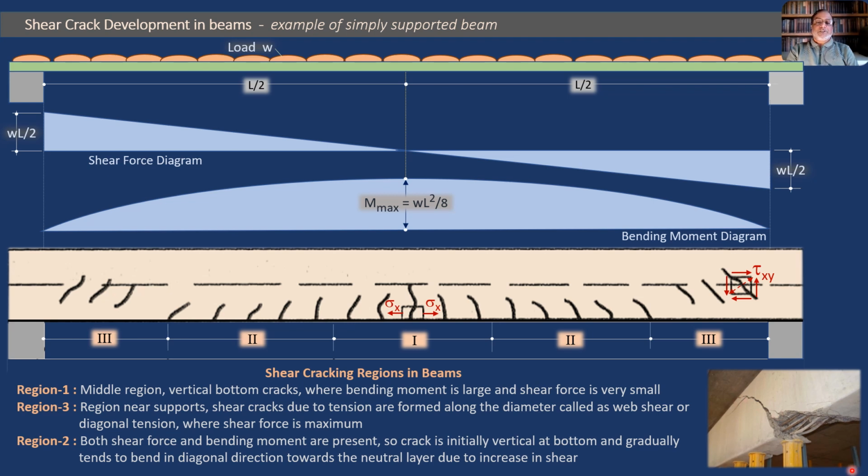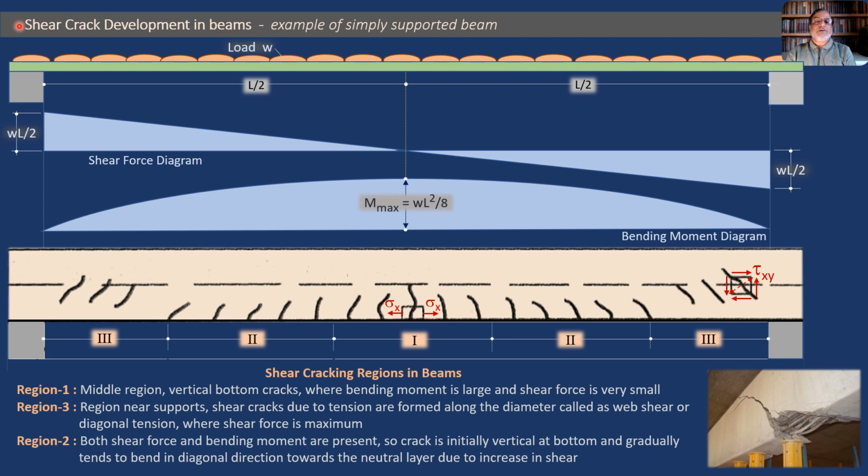Now this situation, this crack pattern, everything was in this case for a simply supported beam subjected to UDL. This was just to make us aware of how the shearing action takes place and how the cracks are developed. With this understanding, with the insight of this example, we can apply the same concept to any type of beam, for example a cantilever beam or an overhanging beam.